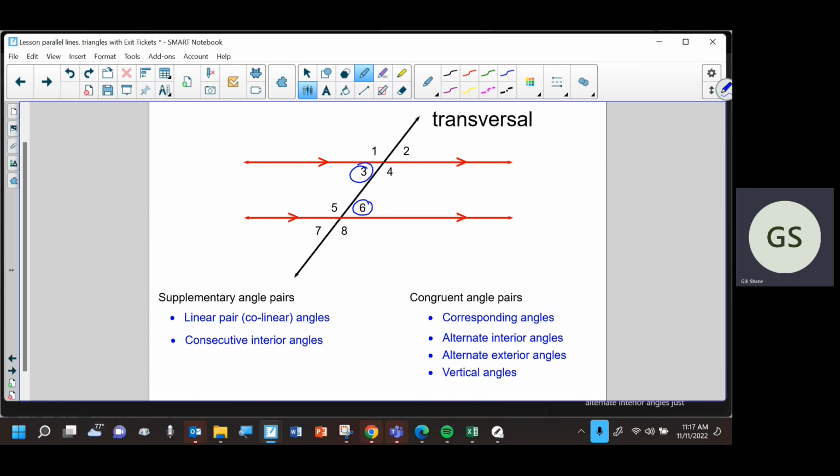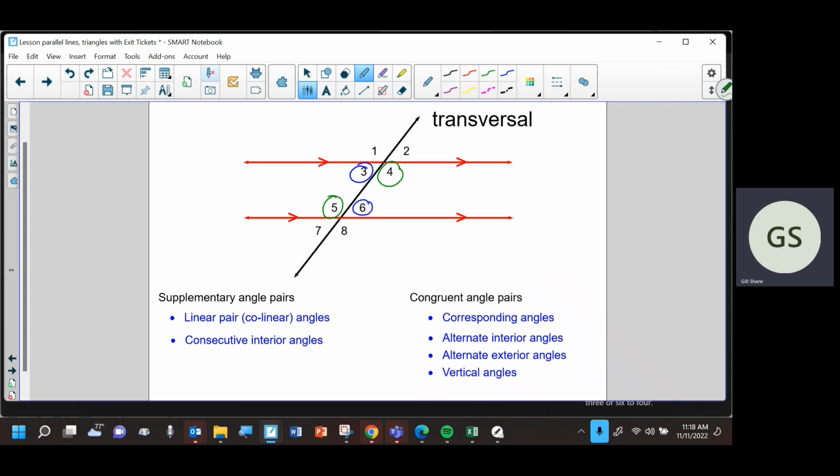Jessica, what else are alternate interior? I think you said 5 and 4. So 5 and 4 are also alternate interior, but only with each other. We would never compare 5 to 3 or 6 to 4.